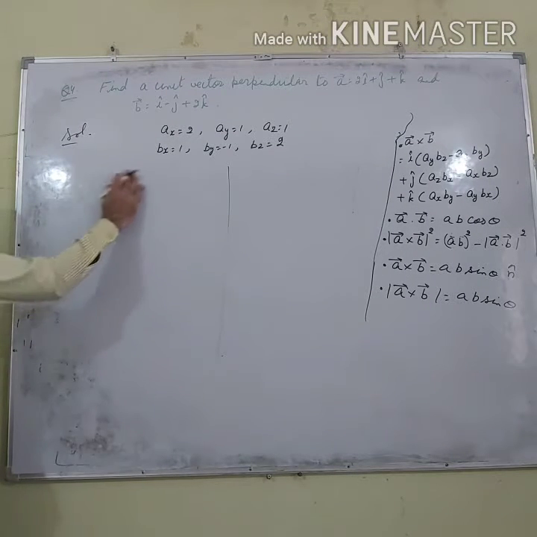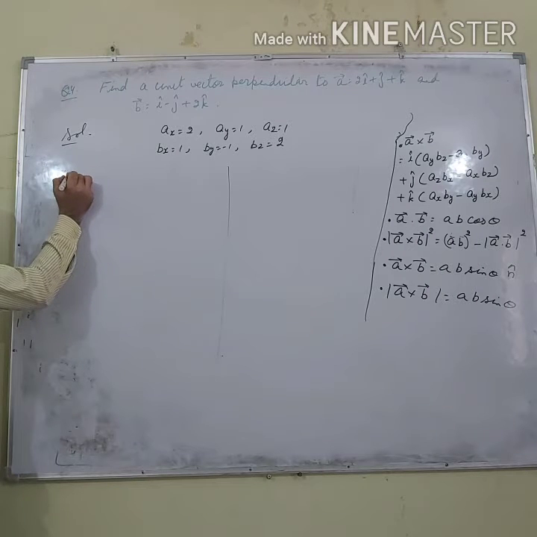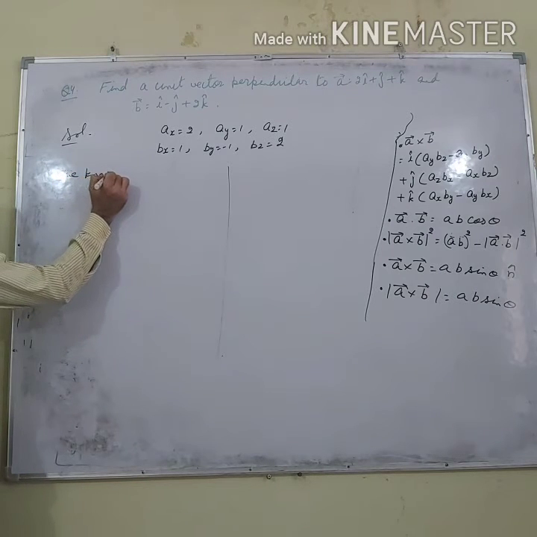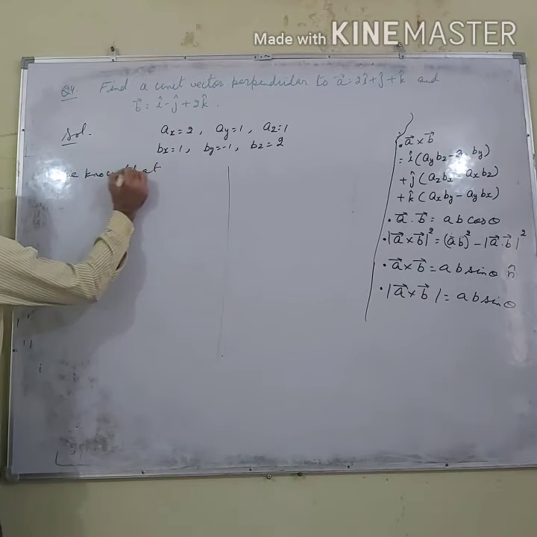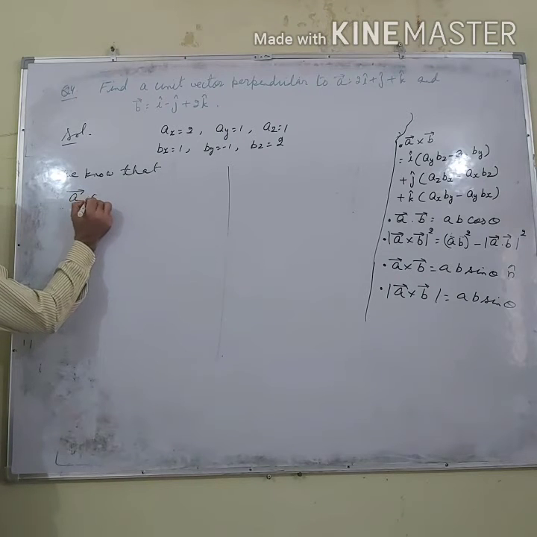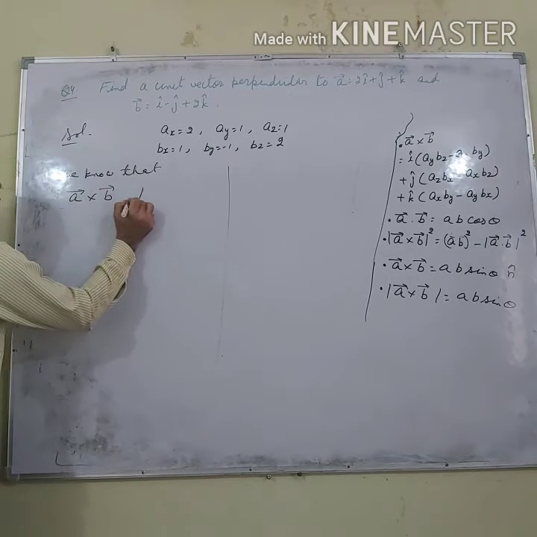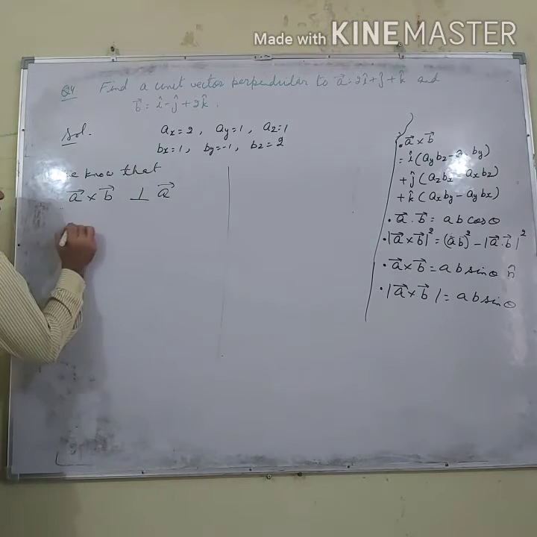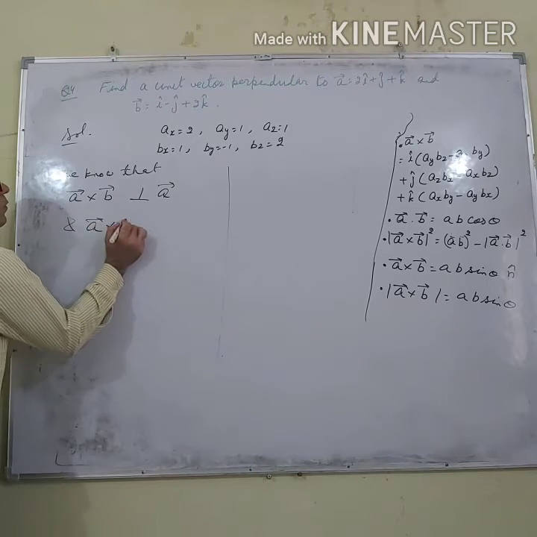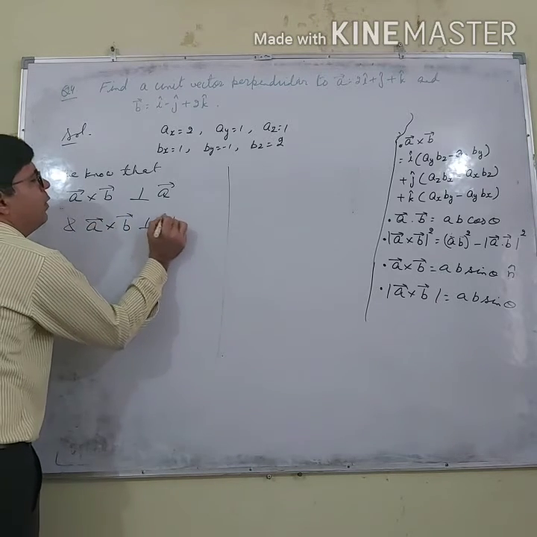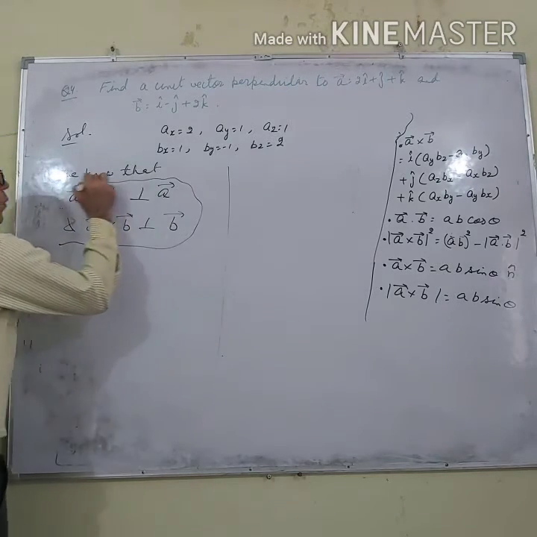Now listen, I know that A cross B is perpendicular to A, and A cross B is perpendicular to B also. This I know.